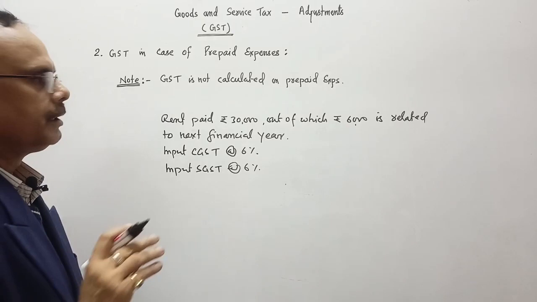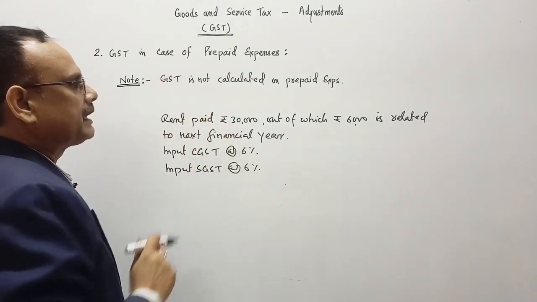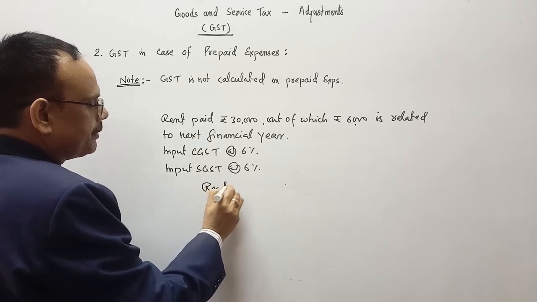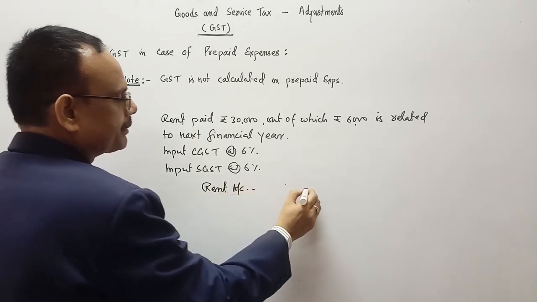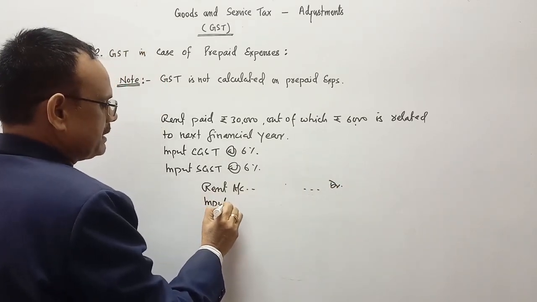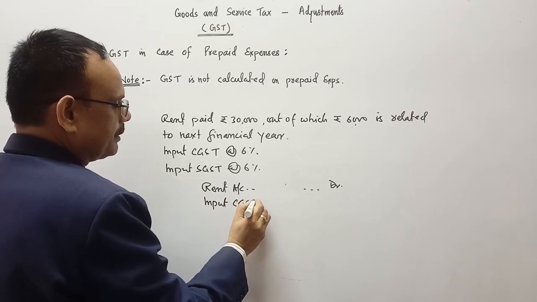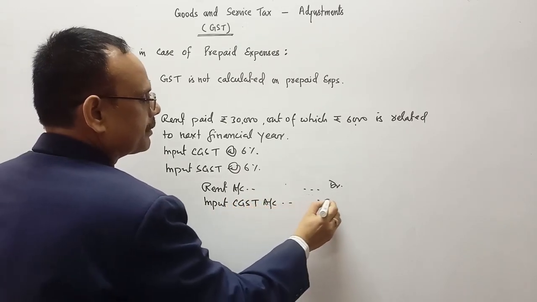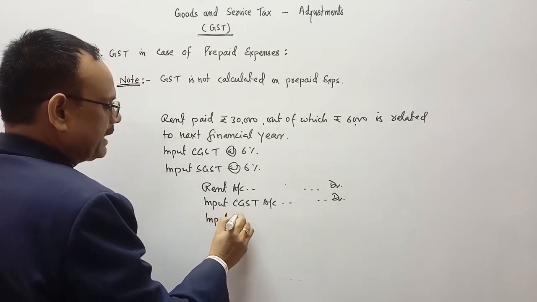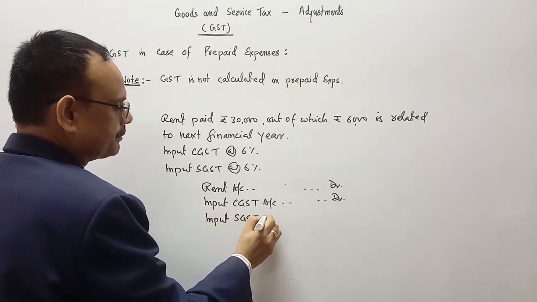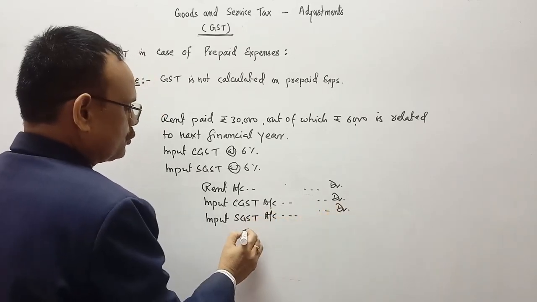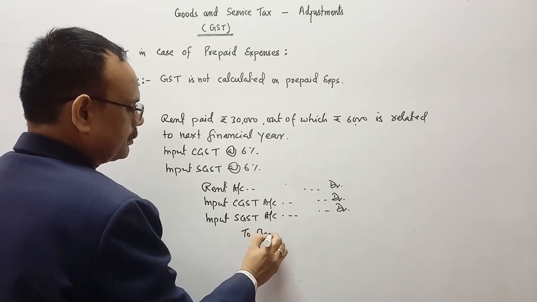Okay. When this rent is paid, at that time the entry is already done: rent account debit, input CGST account debit, input SGST account debit, to bank account.